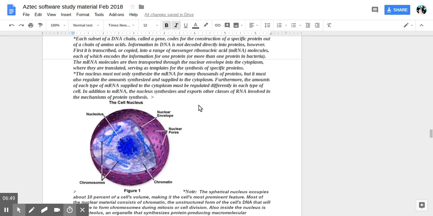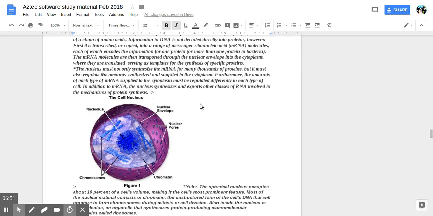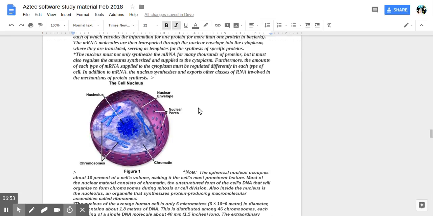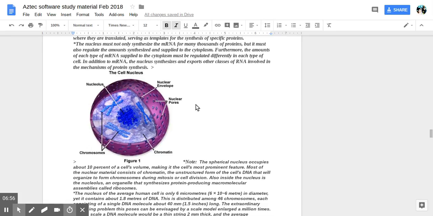Here the figure is showing the cell nucleus, which consists of chromosomes and the nucleolus, which has the dense DNA material, especially when the cell is in interphase, or the resting cycle.